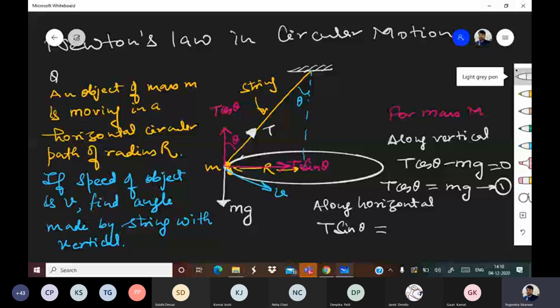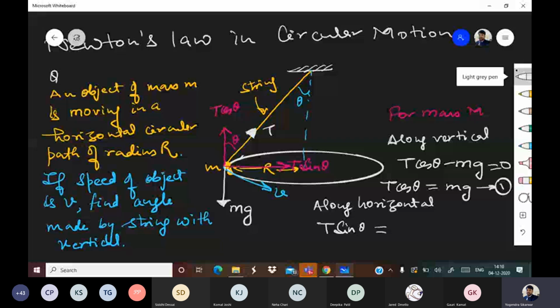Now I divide 2 by 1. So what do we get? T sin theta upon T cos theta is equal to mv square by r upon mg.